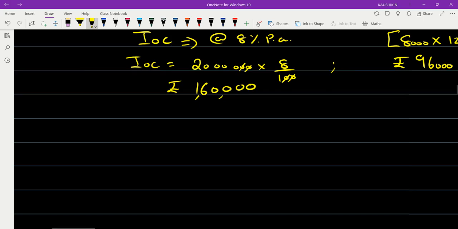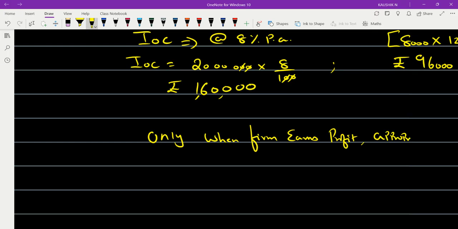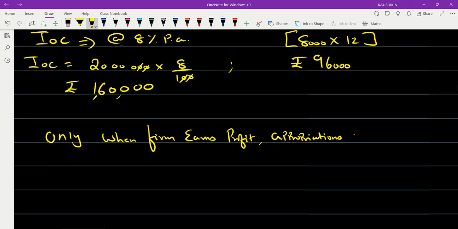We know very well the concept: only when the firm earns profit, appropriations can be allowed. This is a rule. I hope you understand very well. Only when the firm earns a profit, appropriations can be allowed.